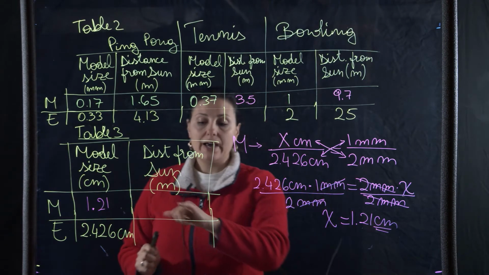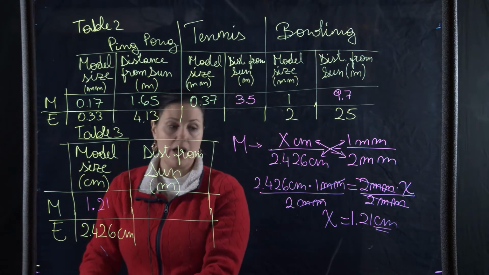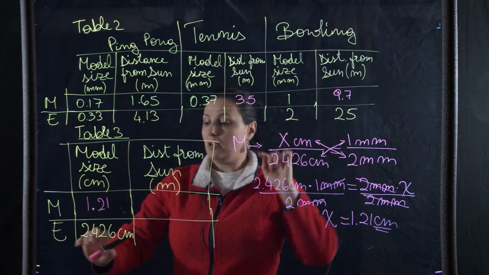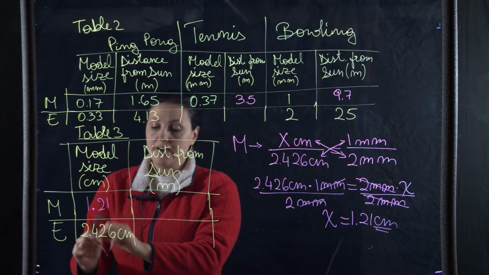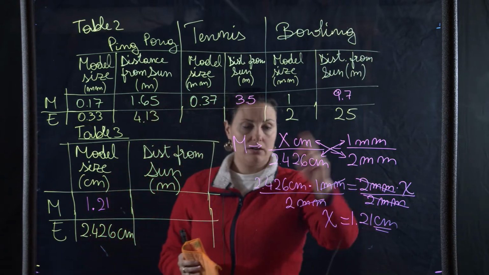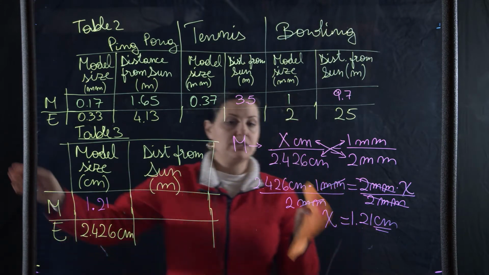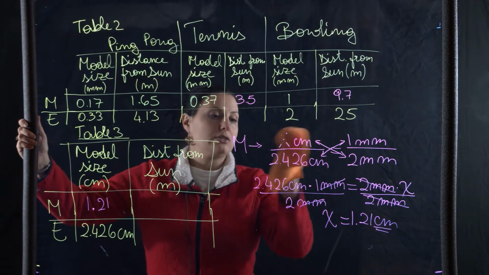Okay, so how do I then go about figuring out the distances? This is how we're going to be doing the model sizes, comparing model sizes of Earth to each planet, and then model sizes here are going to be x's divided by 2.426, just like this here. But how do we go about doing the distance from the sun now that we figured out the model size?